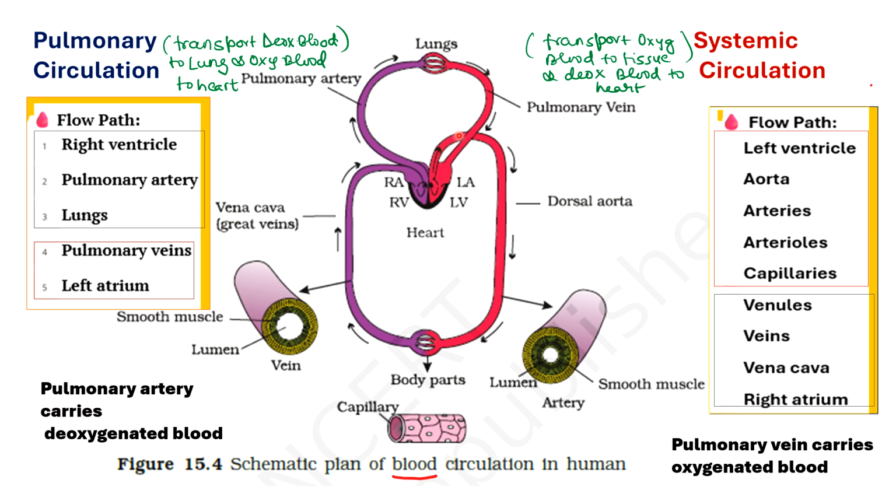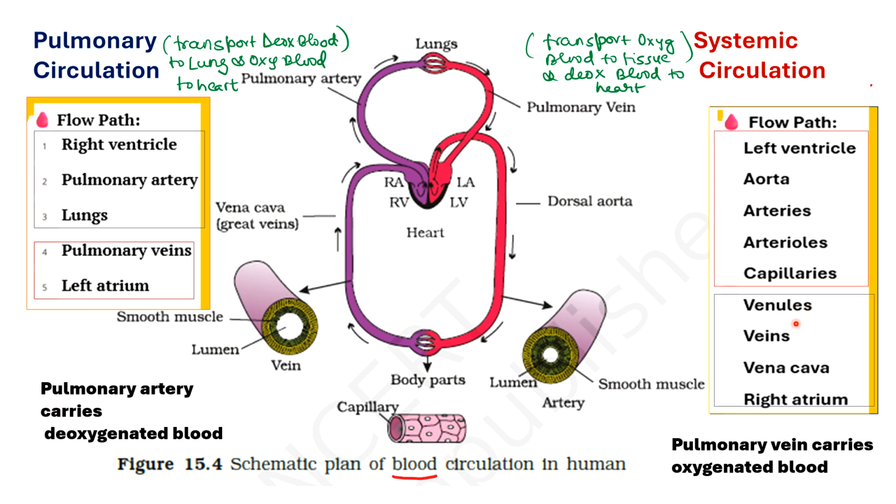Now this aorta pumps the blood to the arteries, and from the arteries it goes to the arterioles and then to the capillaries. Here the tissues take up the oxygen, and the carbon dioxide released is given back to the venules.